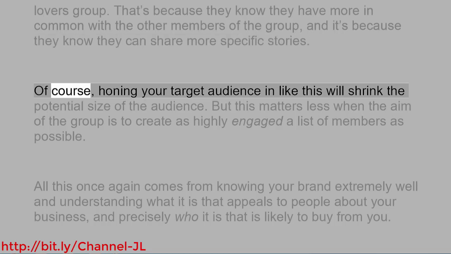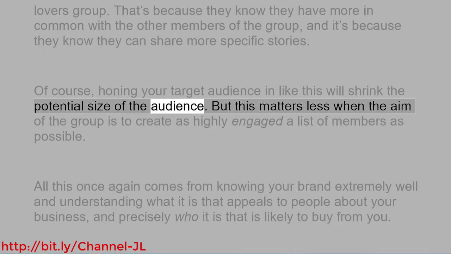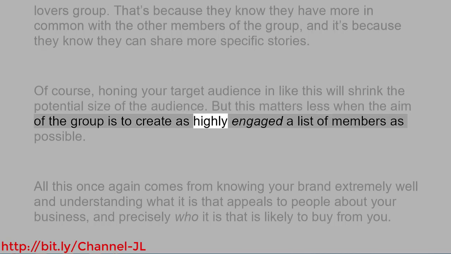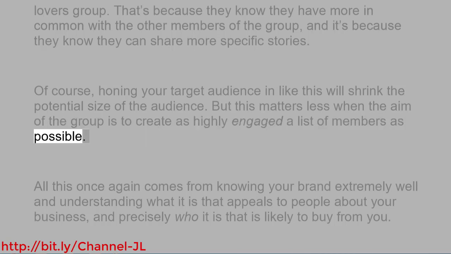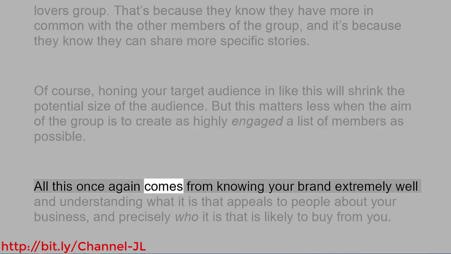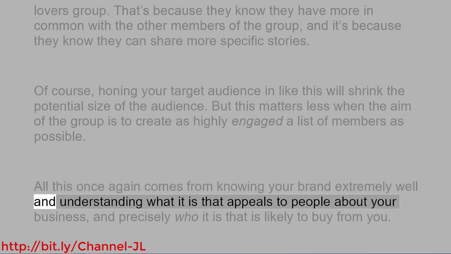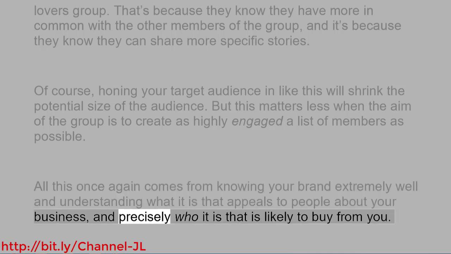Of course, honing your target audience in like this will shrink the potential size of the audience. But this matters less when the aim of the group is to create as highly engaged a list of members as possible. All this once again comes from knowing your brand extremely well and understanding what it is that appeals to people about your business, and precisely who it is that is likely to buy from you.